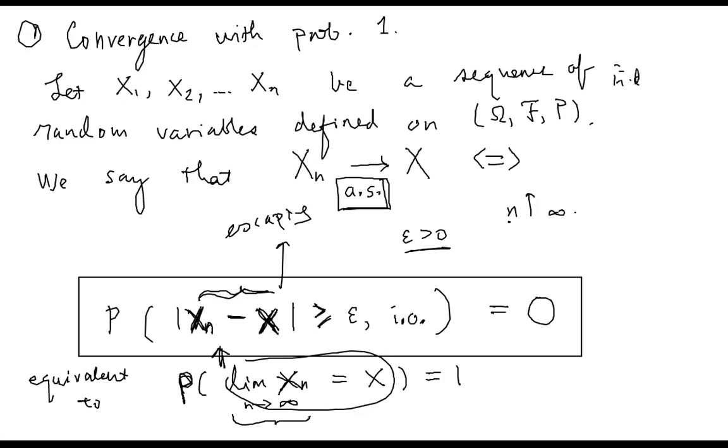Later, for convergence with probability 1, we will see how to use it in the proof for the strong law of large numbers. The strong law of large numbers concerns this result. So this is convergence with probability 1.